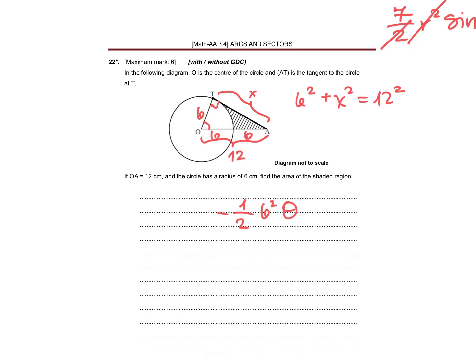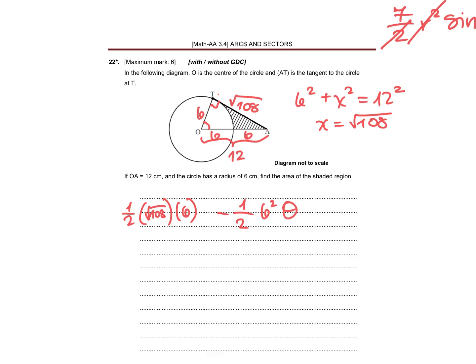So when you do that in the calculator, you're going to get square root 108. We'll simplify at the end. So that's the length of x over here, square root 108. So the area of this triangle is 1/2 base times height, 6.